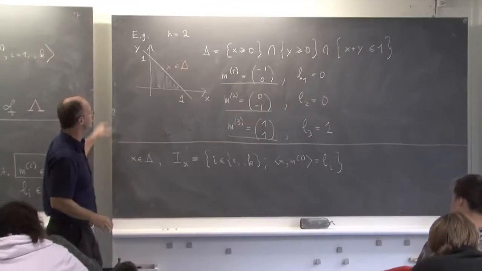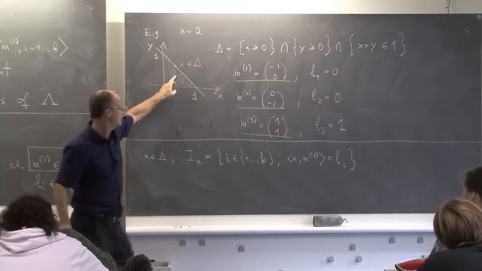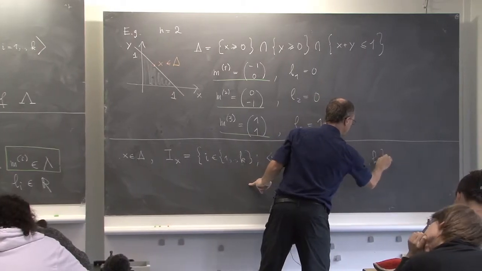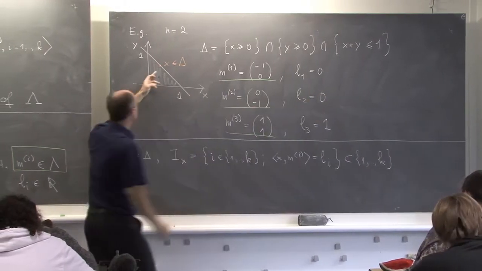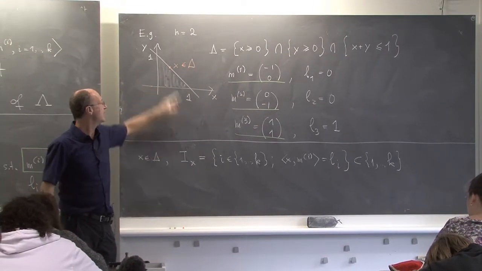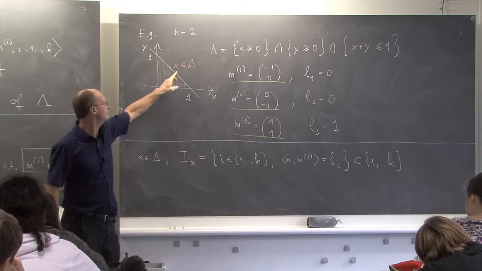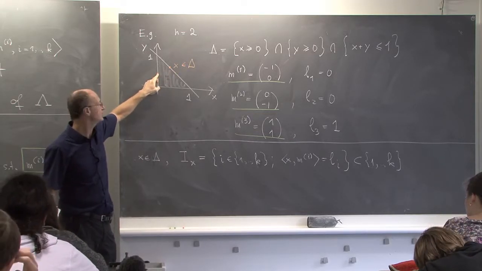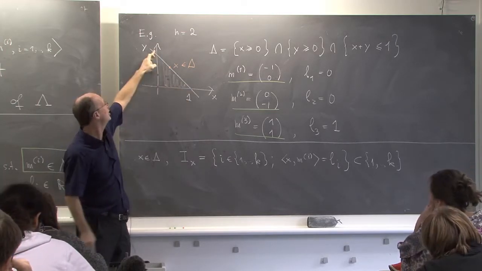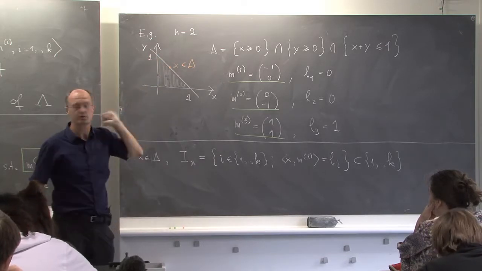You see, for instance, in this example, in the middle, this set is empty. Here there is one inequality which becomes equality, here also one, and in the corners, which are intersections of two lines, there are two inequalities which become equalities.